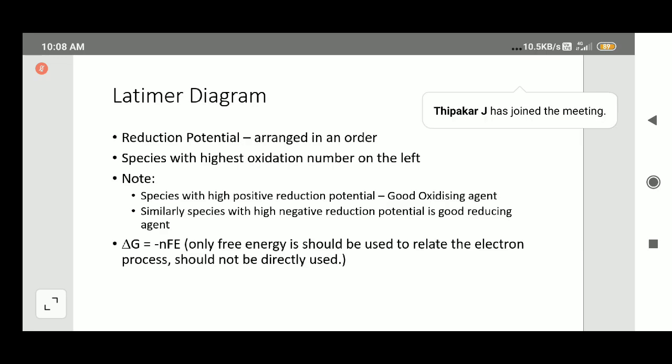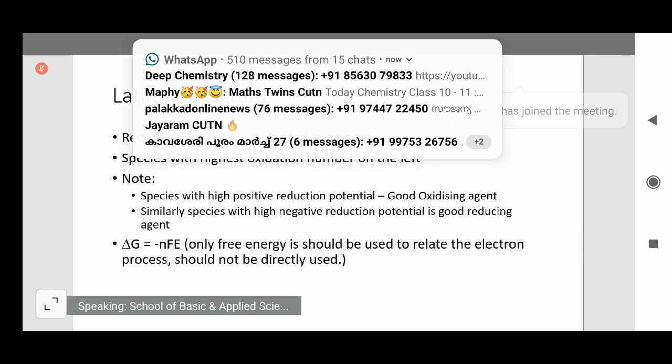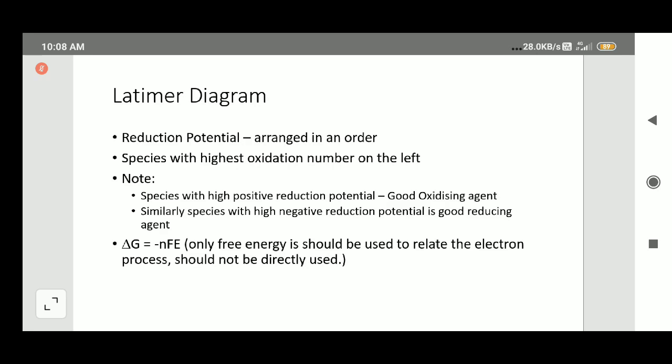The free energy change is given by minus nFE for a process that involves electrons. F is the Faraday constant. Even if you don't remember the Faraday constant, it doesn't matter. What is more important is the number of electrons and the value E. The E is the electrode potential, and we will see how to use it.